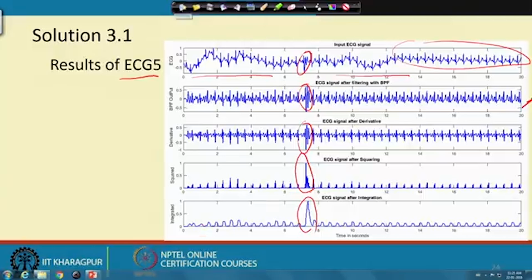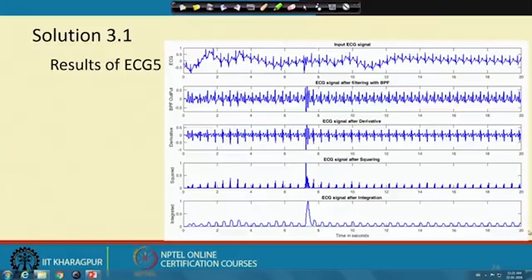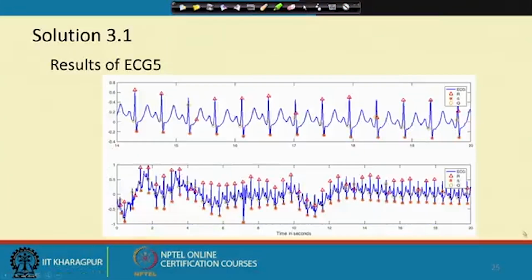Let us see what the impact of it would be after the thresholding. As that one very high peak was there, it is pulling the threshold above, and some of the peaks are missed. This is one such example, where an R wave is missed, and R is marked here wrongly.